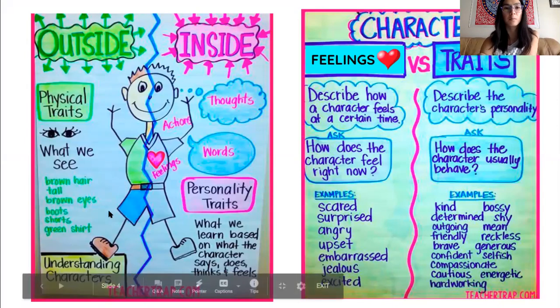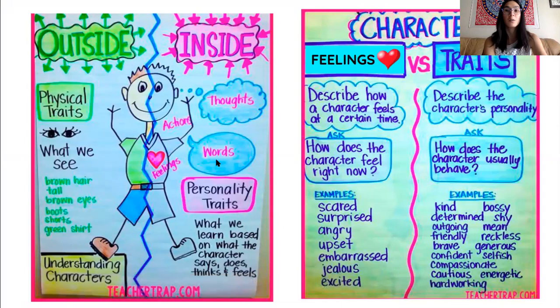So I can think, what is this boy thinking? What are some things he says? Maybe this character always asks his classmates to play with him at recess. That would tell us he's really kind. Or maybe when his parents ask him to help out with chores, he doesn't really want to help.